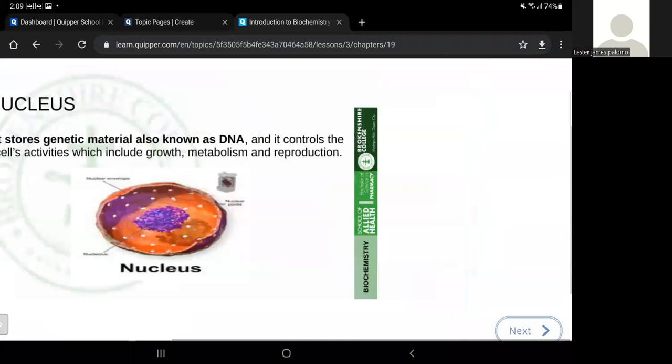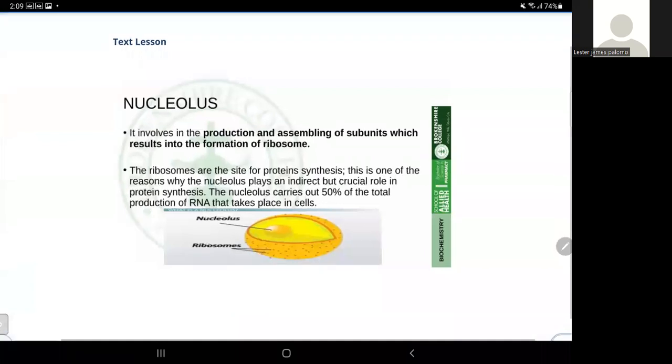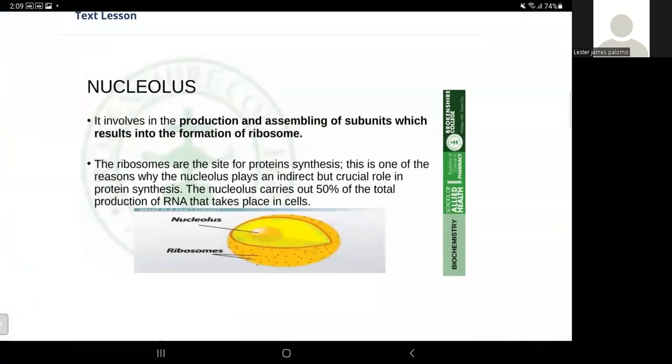Ribosomes can also be found in the rough ER, in the endoplasmic reticulum. So the ribosomes are, as we all know, the site for protein synthesis, and this is one of the reasons why the nucleolus plays an indirect but crucial role in protein synthesis.